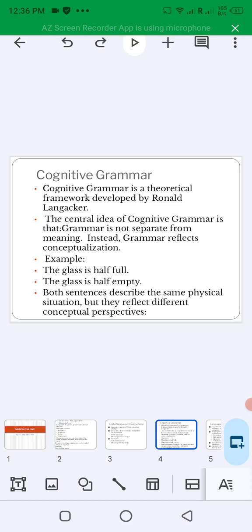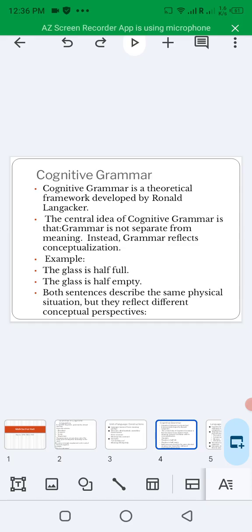Thus, grammar is essentially symbolic because it connects linguistic forms with meanings.